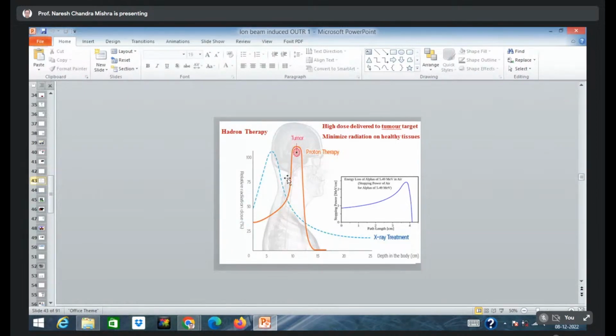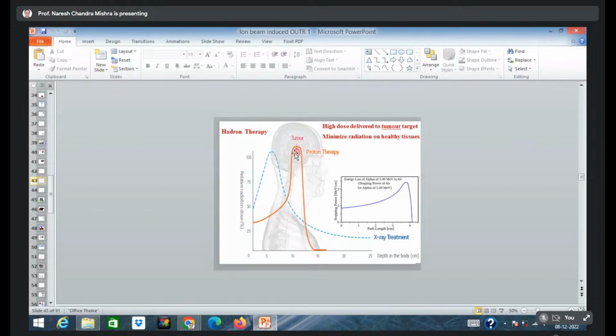You shoot protons from the left side. Left side is your body, your skin. Let's say this is a tumor inside our head, somewhere. If I am shooting X-rays to kill this tumor, X-rays will also kill many of my healthy cells.